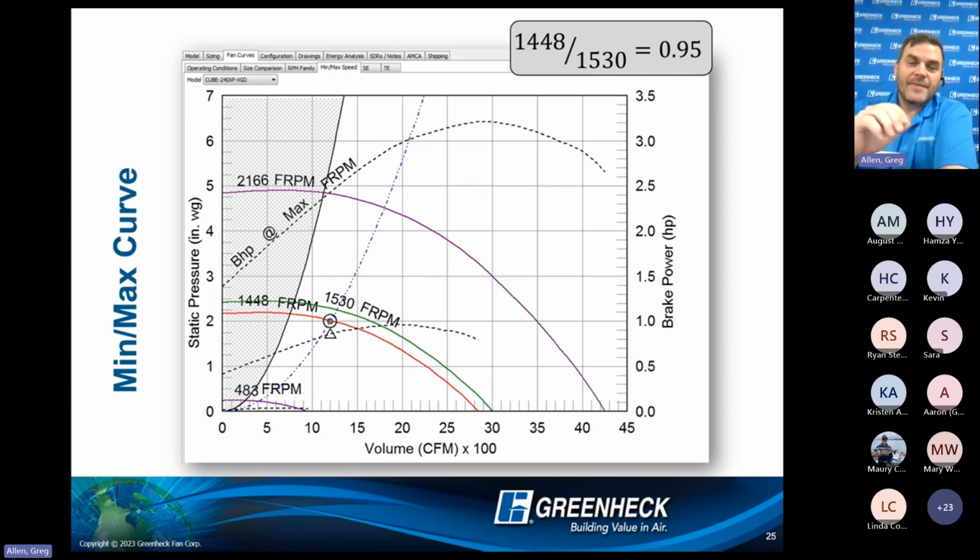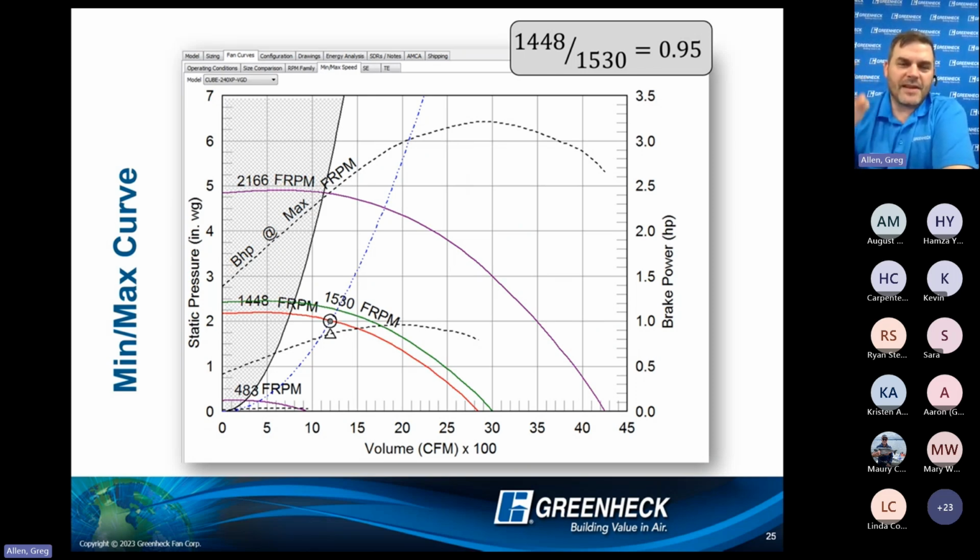The other part here is that from this curve I have more information available to me. As the fan as selected was 1530 fan RPM max, a quick little math: 1448 divided by 1530 is 0.95.